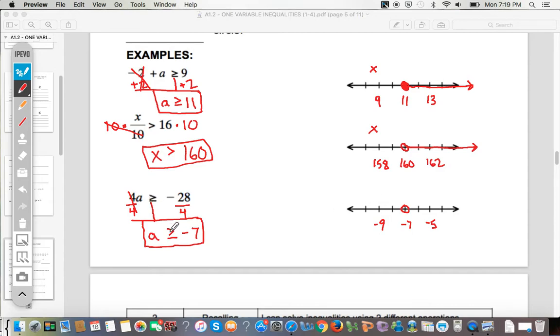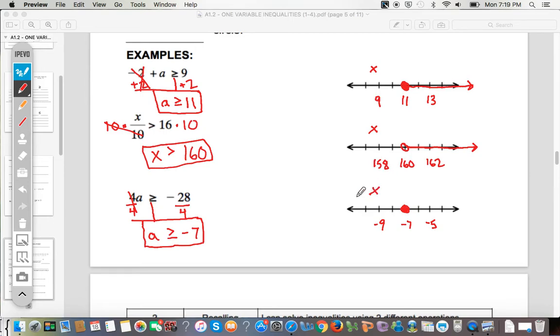So we have a greater than or equal to sign. So I'm going to color this circle in because negative 7 is included. So I'll go to negative 8. Is negative 8 greater than or equal to negative 7? No, it's not. So I'll draw a little X here. And again, you don't have to put this X. It just helps me visualize what's going on.